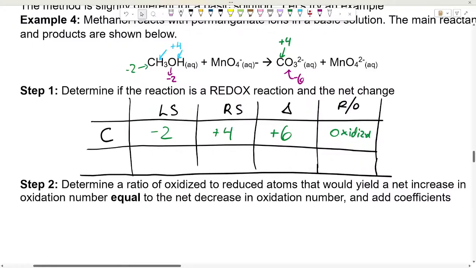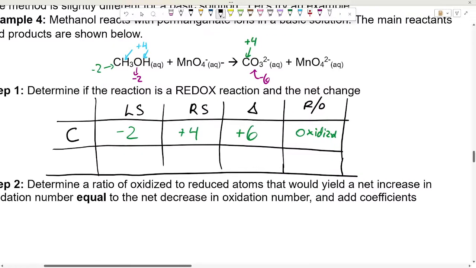What about manganese? Manganese. What is oxygen giving us here? -8. What's this have to add to? -1. So what's manganese giving us? +7. Very good.